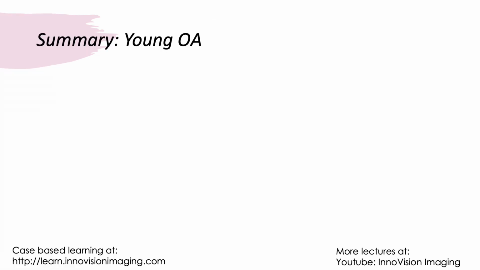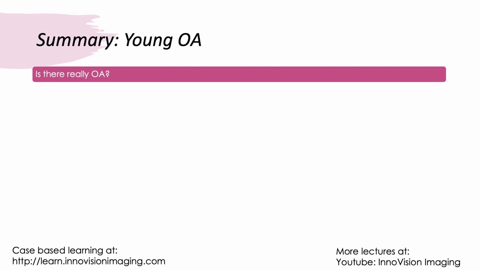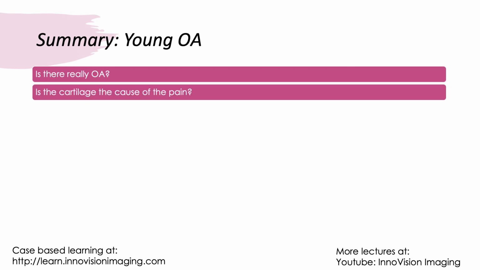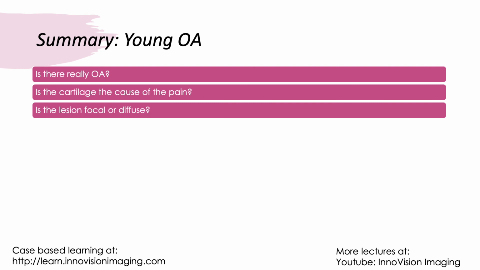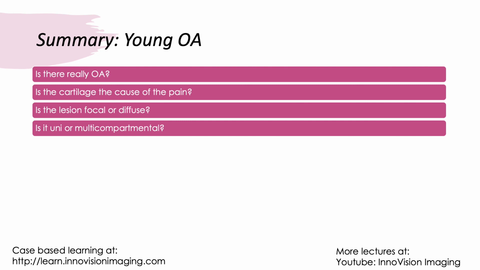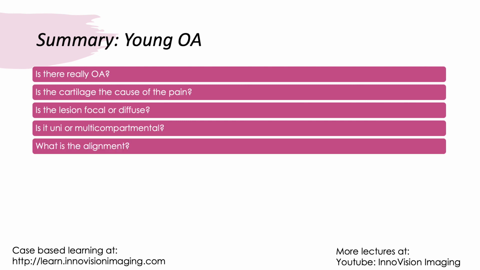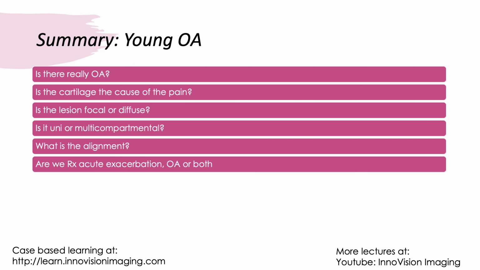So in summary, when we have a patient who has young osteoarthritis, we want to know if there's really osteoarthritis. We want to know if the cartilage is actually the cause of the patient's pain. We want to know if the cartilage loss is focal or diffuse. If it is unicompartmental or multi-compartmental. What is the alignment of the knee?